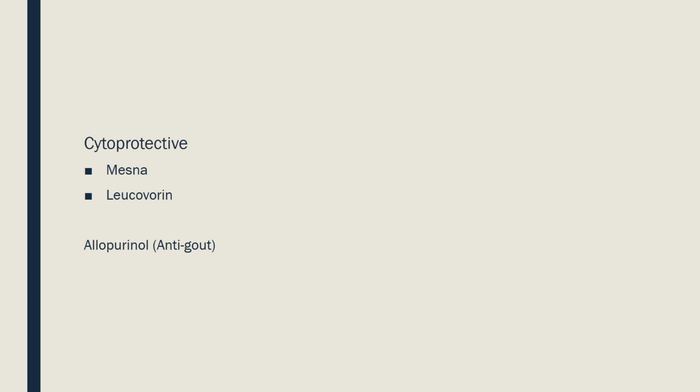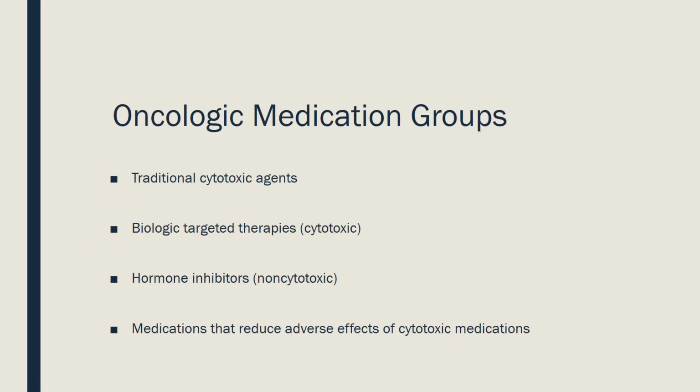One of the side effects of chemotherapy is the tumor lysis syndrome, and it includes uric acid being elevated. So the allopurinol is used to help with that. So be sure to review tumor lysis syndrome.